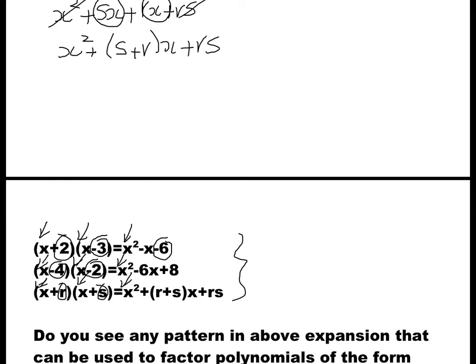Negative 4 times negative 2 gives you plus 8. r times s gives you rs. And also, going back to the first one, 2 plus negative 3 gives you negative 1. Negative 4 plus negative 2 gives you negative 6. And r plus s gives you r plus s here.